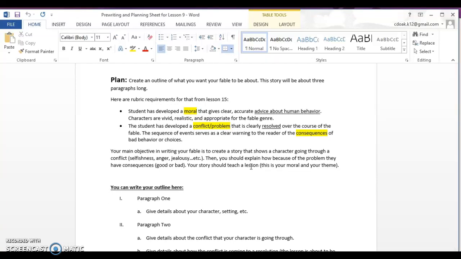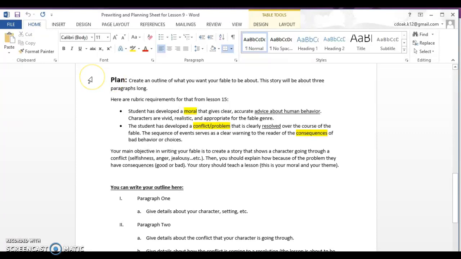Pre-writing was before, now we're planning, okay? So right here, it says that you can choose how you plan, but I'm just helping you out here with an outline, okay? Outlining is super helpful when you're planning because you figure out what you want to write, and then you can put it into full paragraphs, okay?